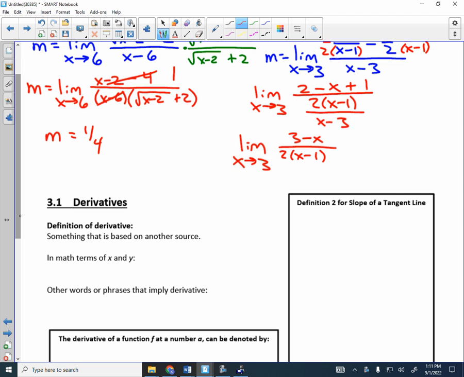And then instead of dividing by x minus 3, how about I multiply by the reciprocal? Multiply by 1 over x minus 3. Can I just cancel off the 3 minus x and the x minus 3? What do I have to factor out? So I factor out a negative 1, and now I can cancel them.